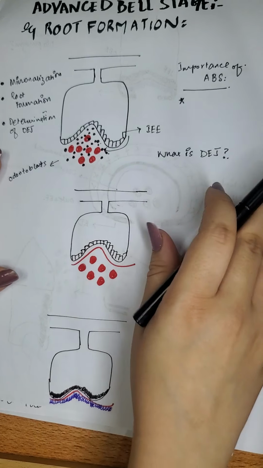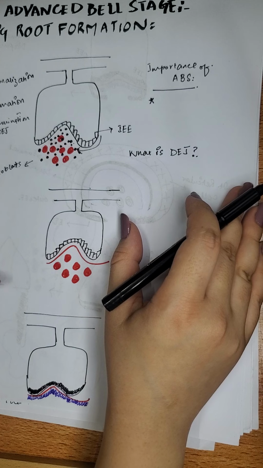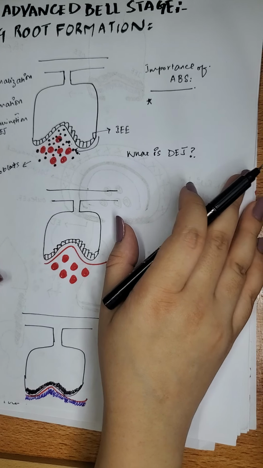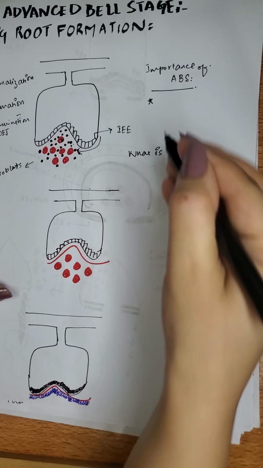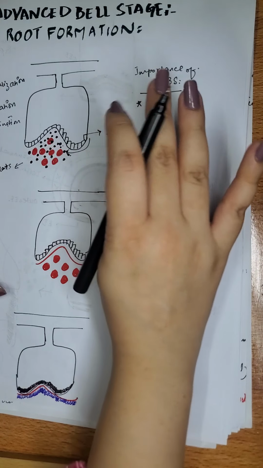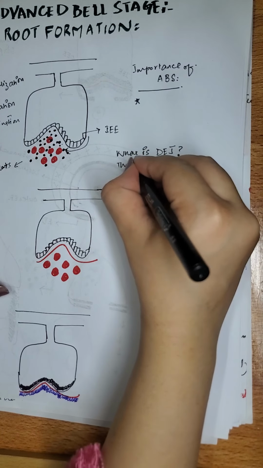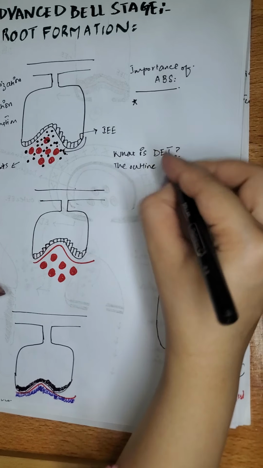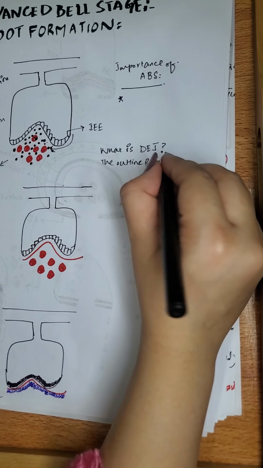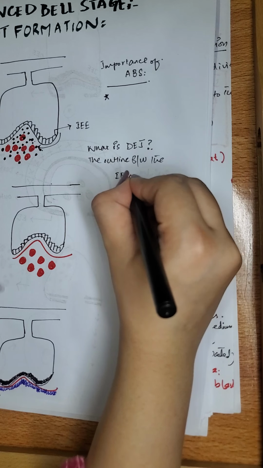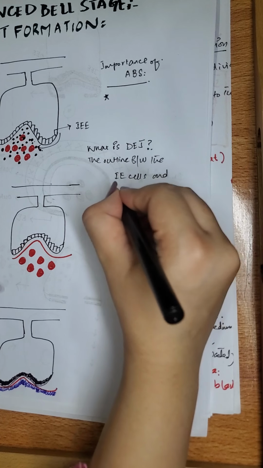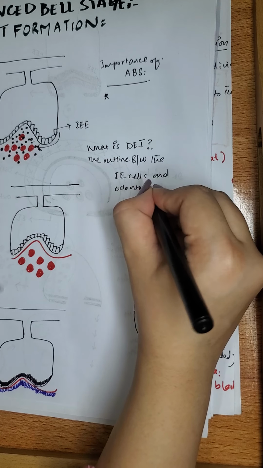So what is the dentino-enamel junction? As the name says, it is the junction of the dentine and the enamel. You have to write the proper definition: the outline that is between the inner enamel cells and odontoblasts.